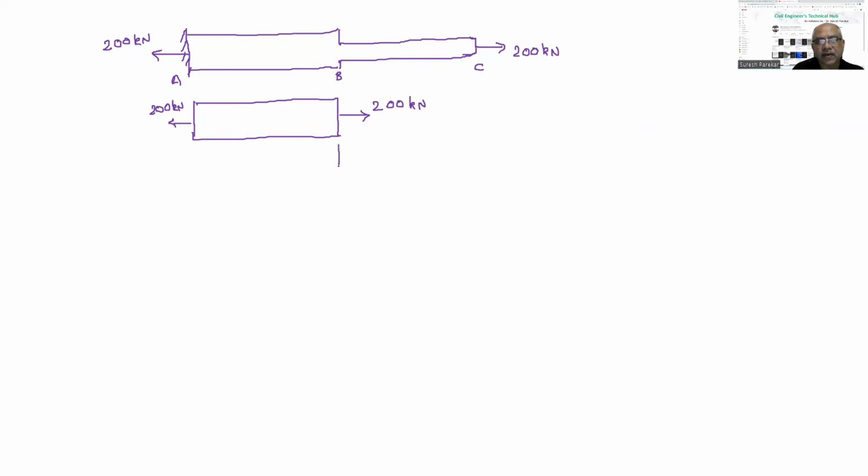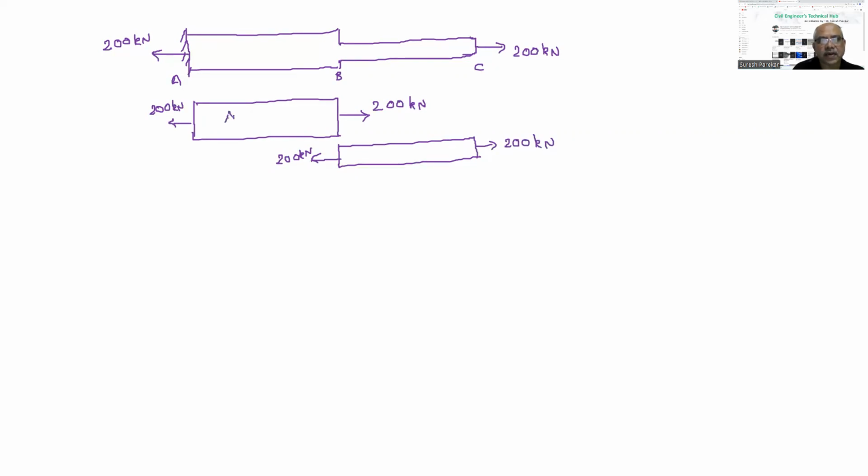And for aluminum we again have 200 kilonewton on each side. How this comes, we have already explained in the class.